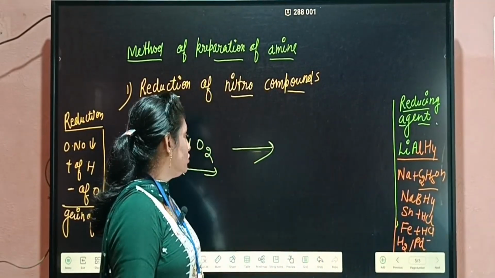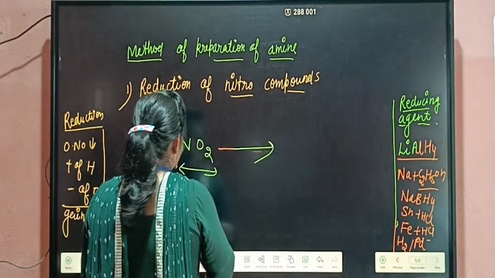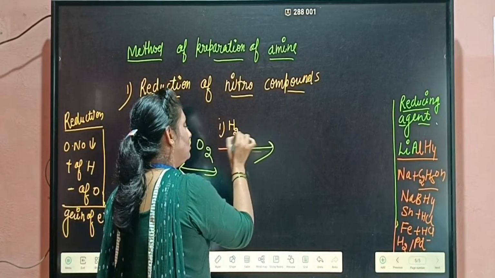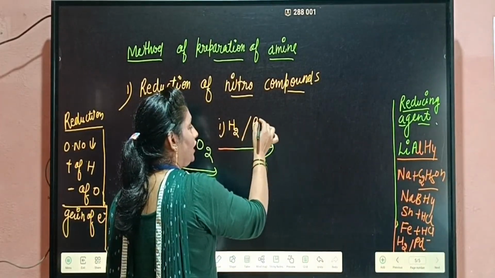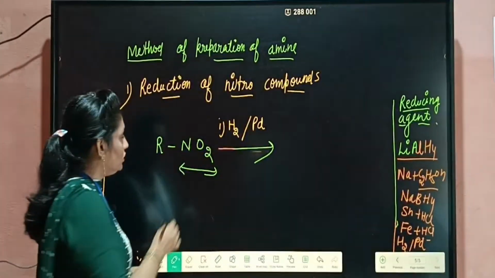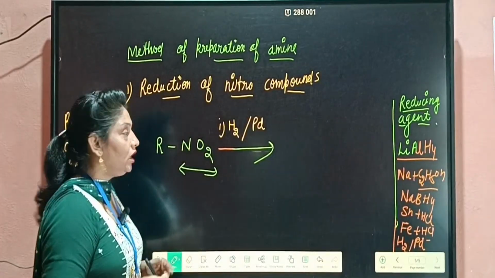So if you are doing hydrogenation in presence of palladium, then this nitro group will reduce and it will convert into the amine.